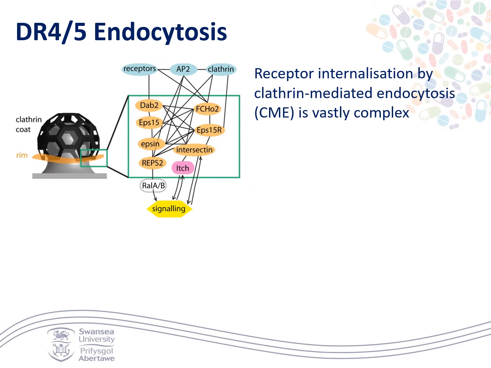Clathrin-mediated endocytosis and all routes of receptor internalization are vastly complex and interconnected, and it varies receptor to receptor, tissue to tissue, and even varies depending on how much of the ligand is in the local microenvironment.